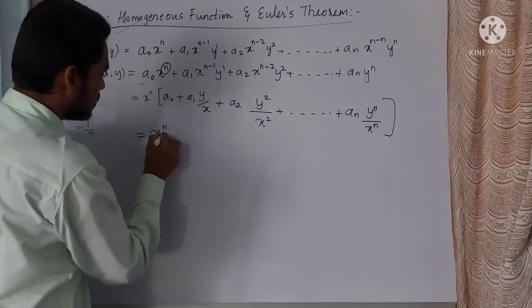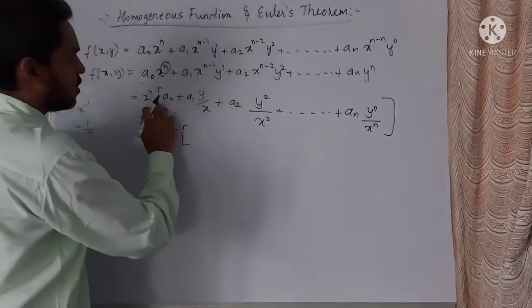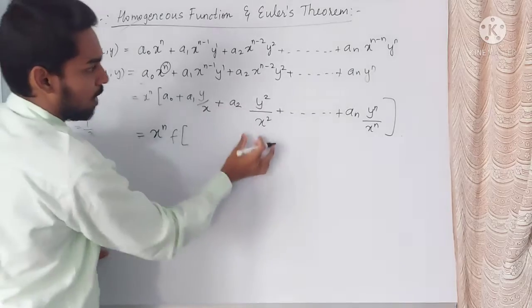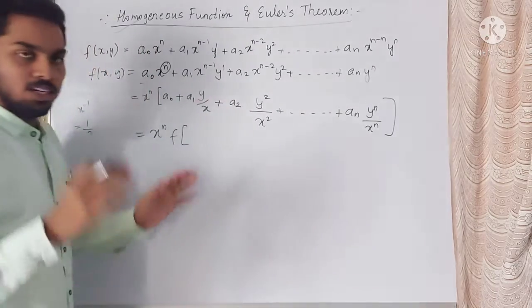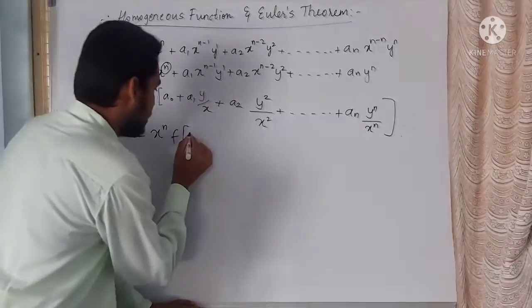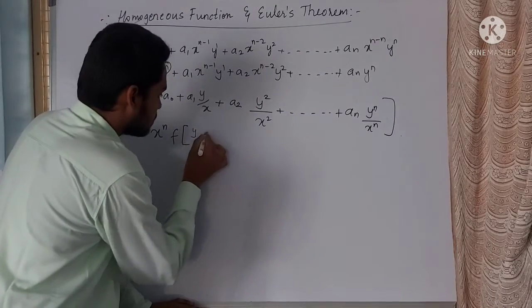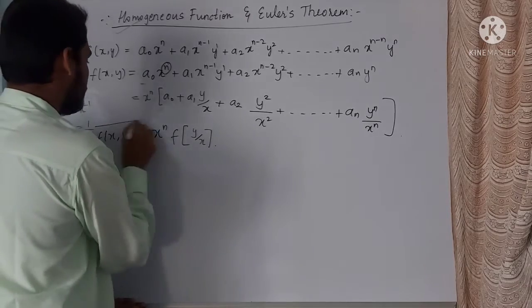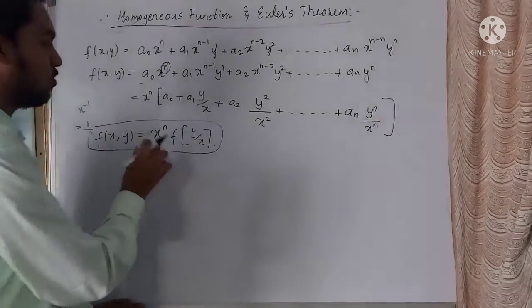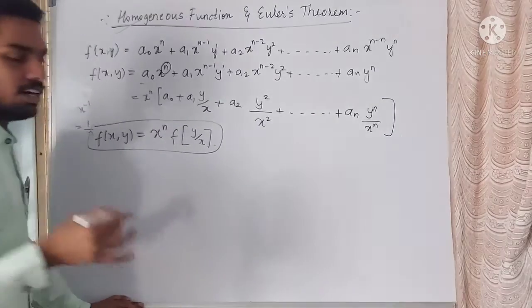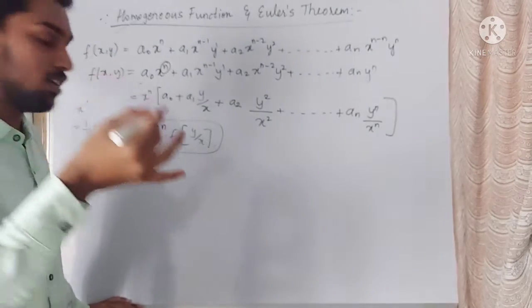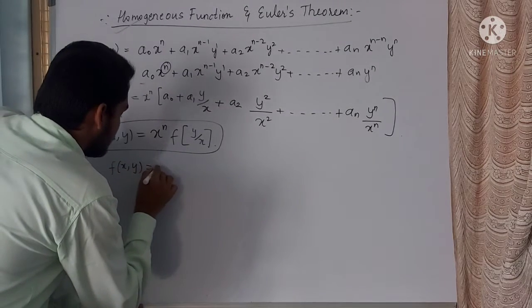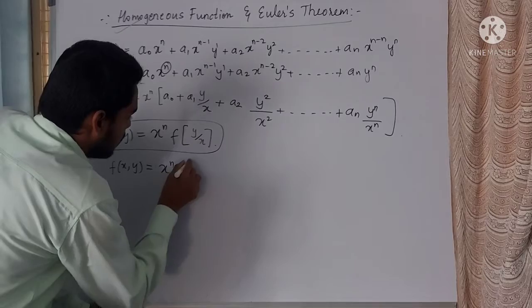So you can see that this whole function is of the form y by x, y by x, y by x, with some term raised to it. So I can write it as f of y by x. So f of x y can be expressed in this form, x raised to n f of y by x. Instead of f, you can take phi or any other function for denoting it, phi of y by x.